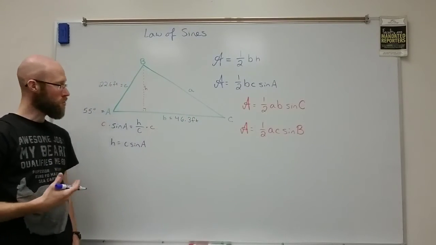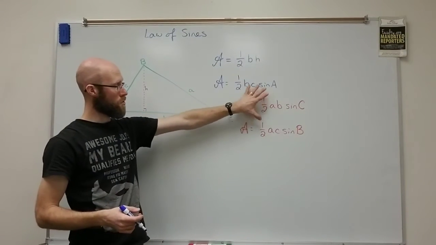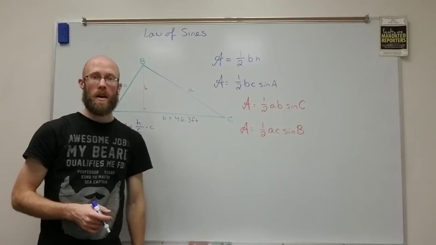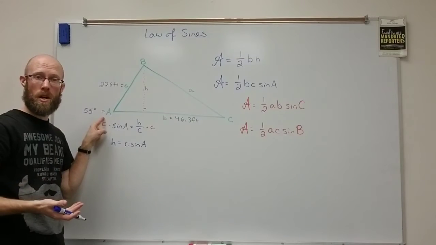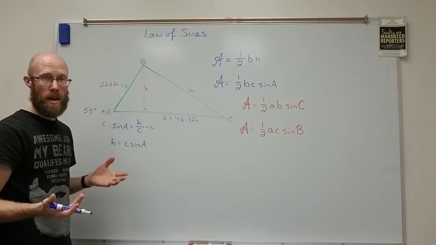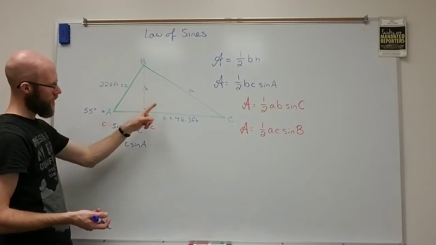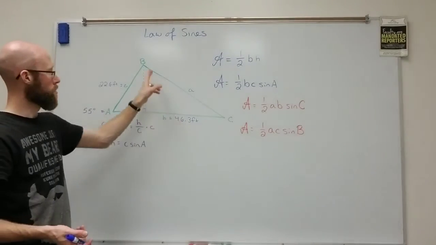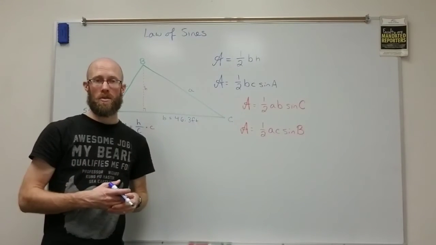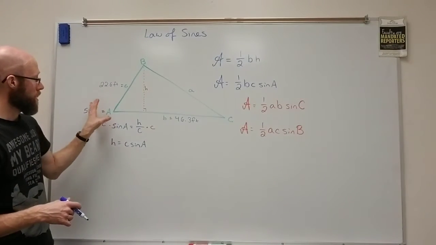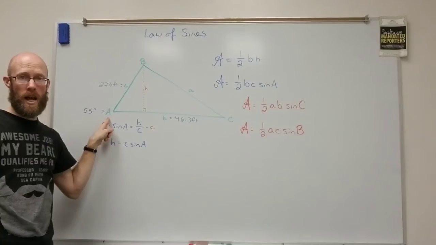Then we can use just those three pieces of information to find the area. If we didn't know two sides and the included angle, we may have to use the law of sines to figure that out. If I knew C, A and A, I might need to use the law of sines to figure out what B is, or angle B and then side B. Or we may have to use the angle sum formula to get what information we need. But eventually we need two sides and the included angle.